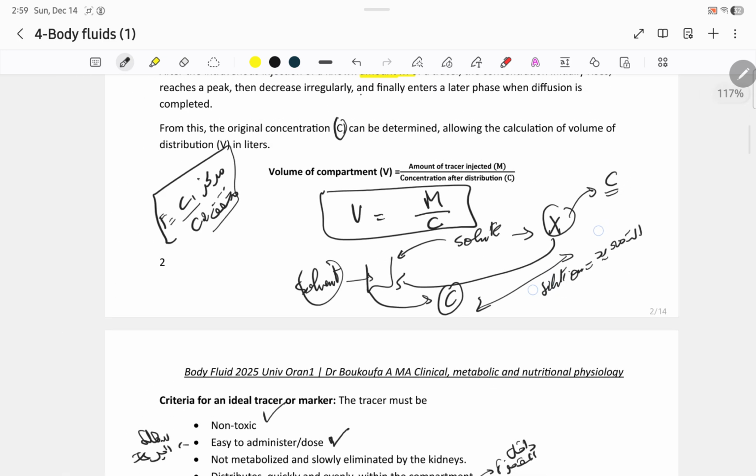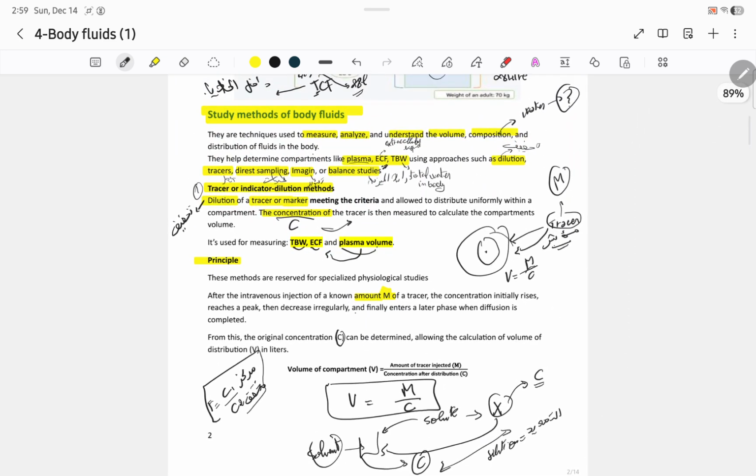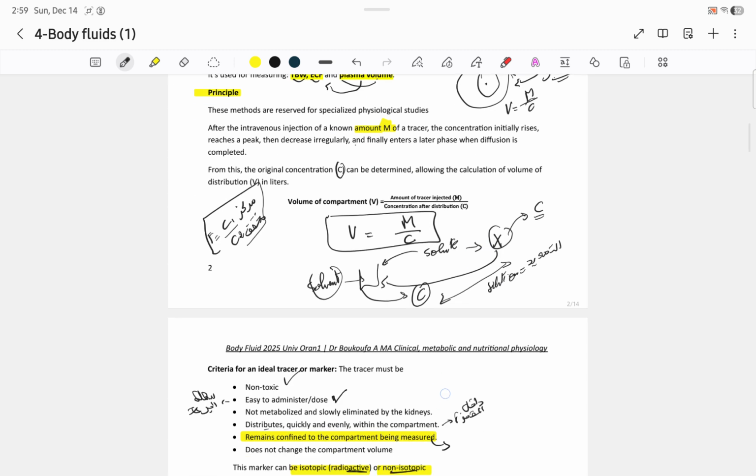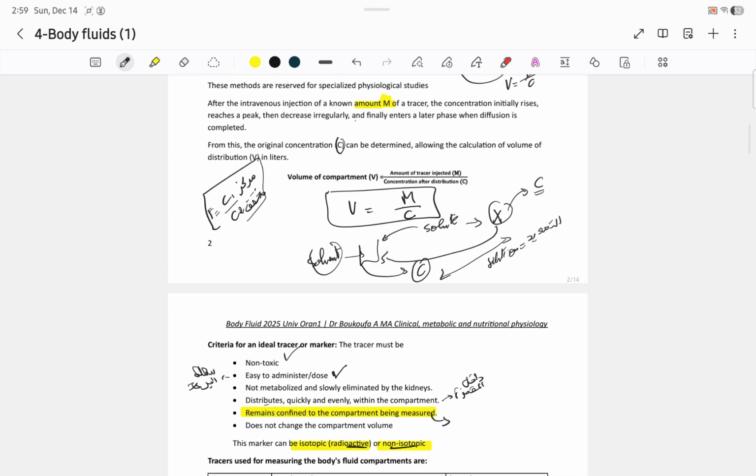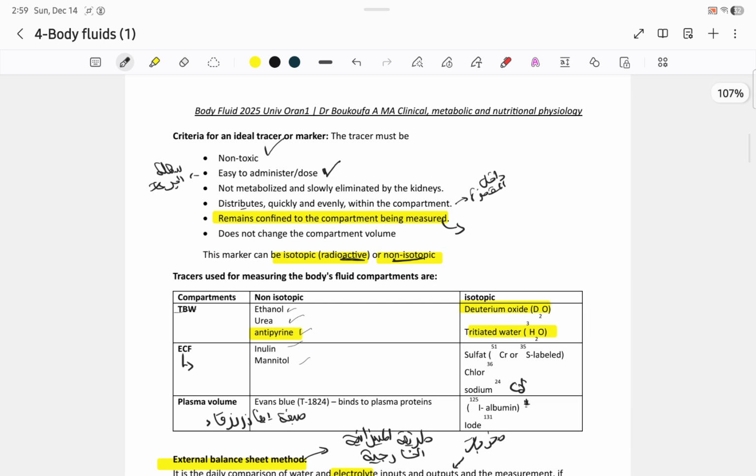This is so easy to understand, the study methods of body fluid. So this is the easier one, I think. Hope you understand this. So we have some criteria of the tracer. We're going to use tracers which are non-toxic, easy to administer in dose, and not metabolized.